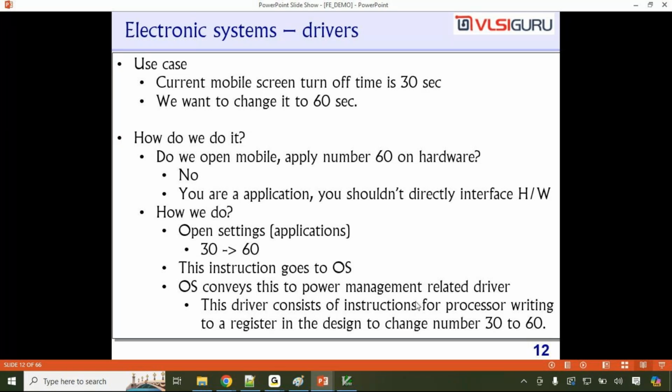This driver consists of instructions for the processor to write to a register in the design to change the number 30 to 60. My hardware will have a register, and the driver writes into that register to change the number from 30 to 60.